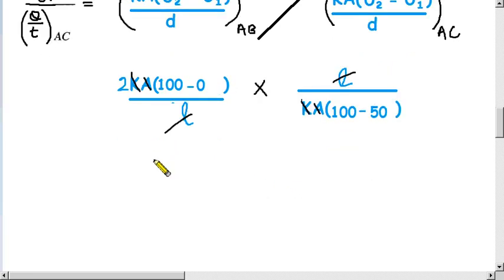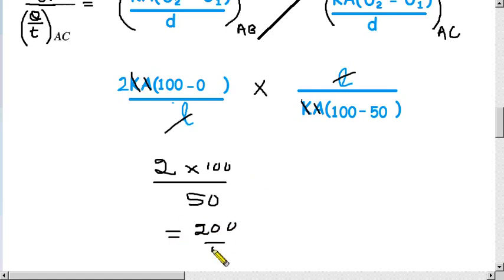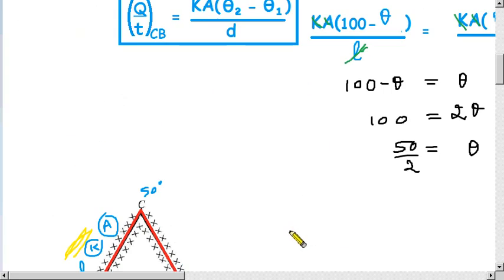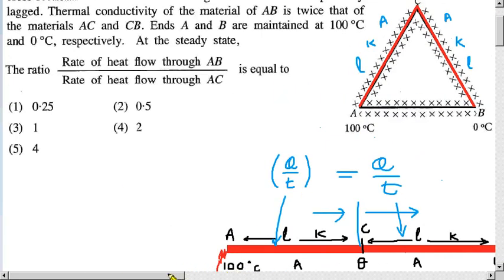Then what is remaining? 2 times 100 minus 0, which is 100, divided by 100 minus 50, which is 50. Then what is the answer? 200 divided by 50. So the answer is 4. That is why we choose this one as the correct answer.